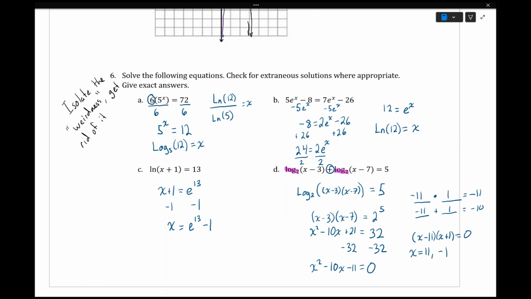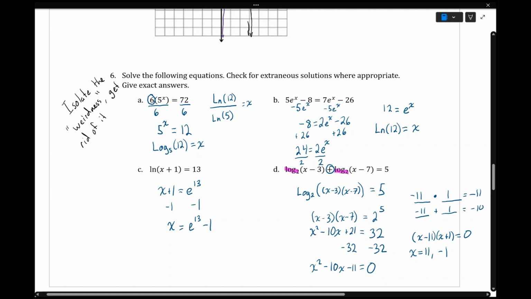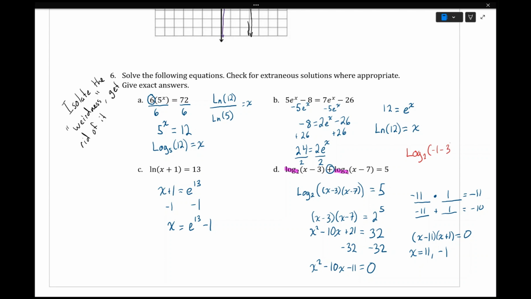However, we want to double check. So here's the issue. The issue is this negative 1. Let's see what happens when we put it in for x. In the original equation, I get log base 2 of negative 1 minus 3 plus log base 2 of negative 1 minus 7.